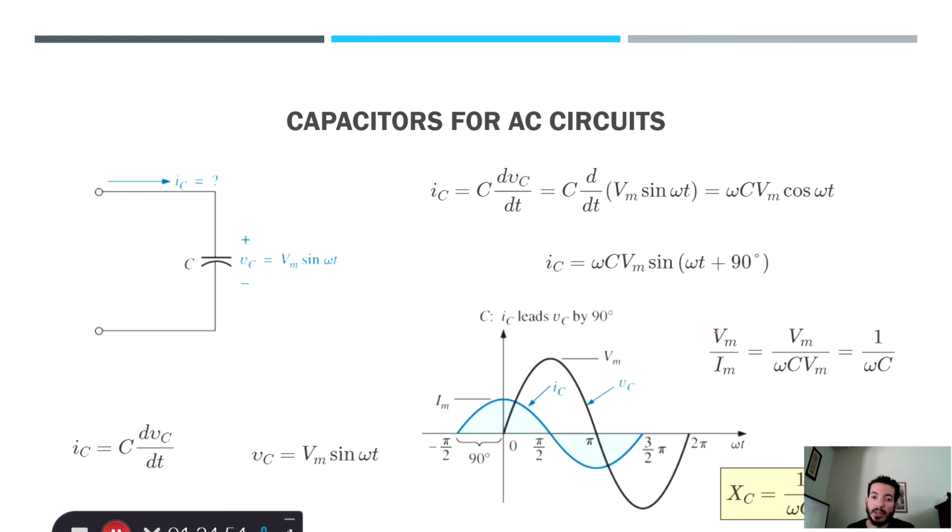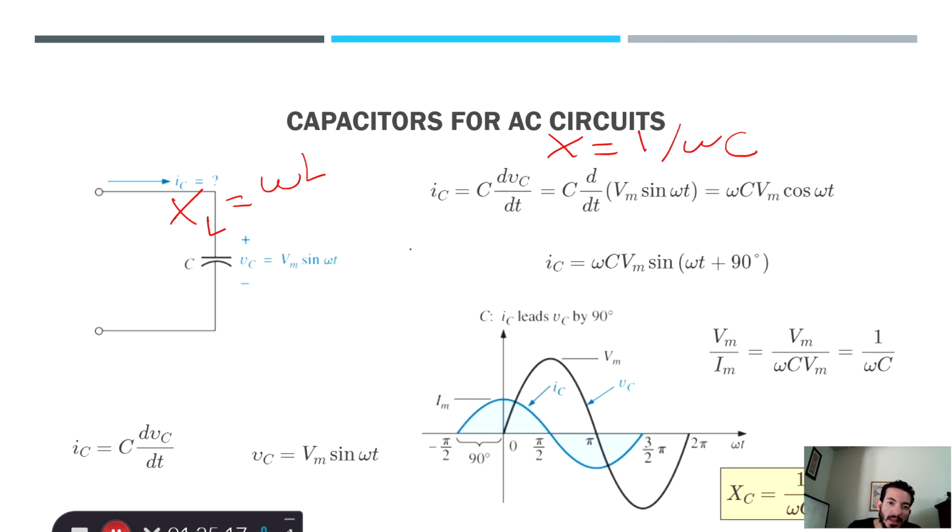Another application that we can use complex numbers for are the capacitors. So as we saw before, the reactance of an inductor is omega times L. The reactance of a capacitor is 1 divided by omega C. Why?